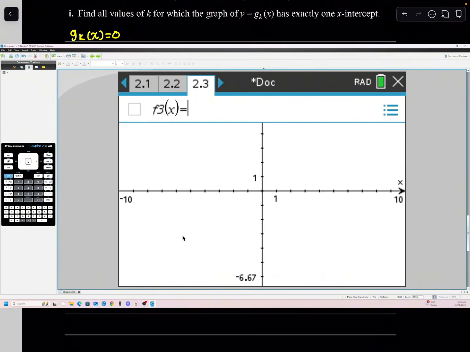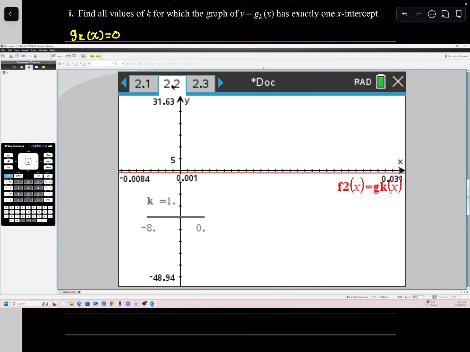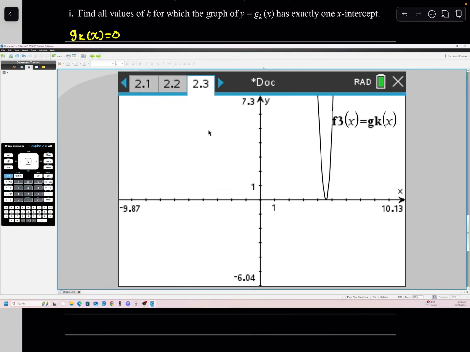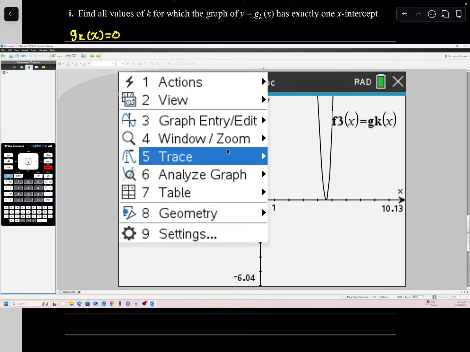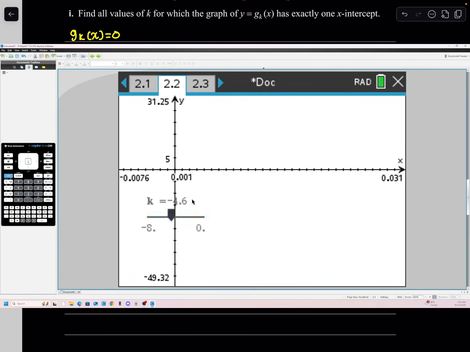Okay, what I'm going to do is let me just regraph it then. There it is. Let's regraph it. gk of x, and now whatever I do to this will affect this one. Okay, this one's better. Can I not copy and paste the slider? I don't know how to do this, but who cares?